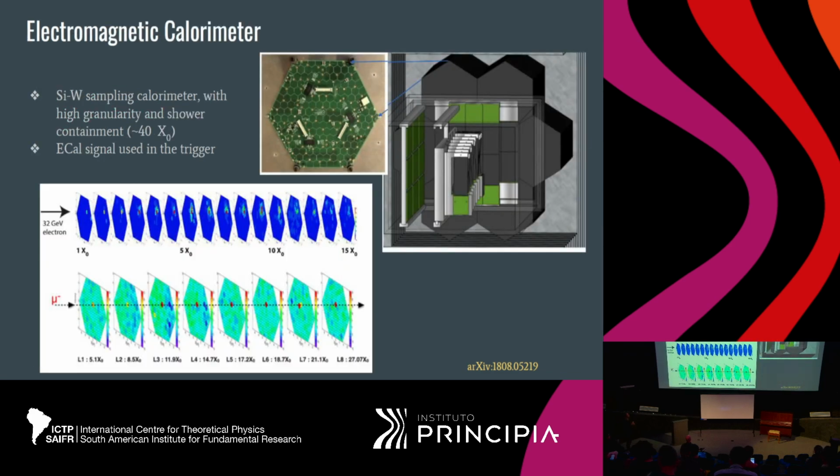Okay, this is instead the calorimeter, which is something very different from what we saw in all these experiments we have discussed up to now. They need something very fast, because as I said, they want to go up to 27 nanoseconds per particle, and they want something that is really radiation hard, because you are making many particles impinge on your detector. And for this aim, they're thinking of something a bit different from the classical scintillating crystal or plastic scintillator, which is a sampling calorimeter made of silicon and tungsten.